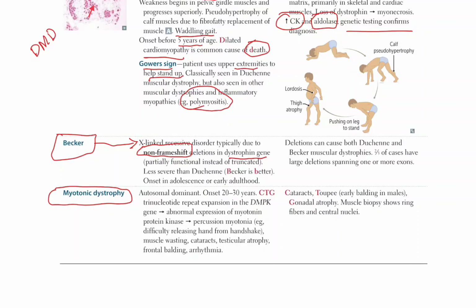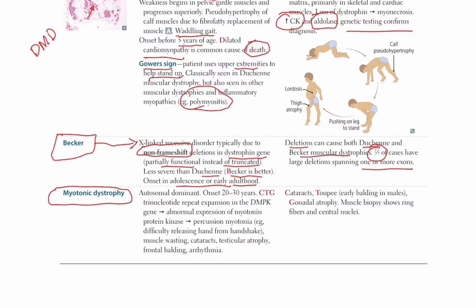It is present and partially functional, instead of truncated or destroyed. Becker is less severe than Duchenne. Onset is in teenage years or early adulthood. Deletion of dystrophin can cause both Duchenne and Becker muscular dystrophies. Two-thirds of cases have large deletions spanning one or more exons.